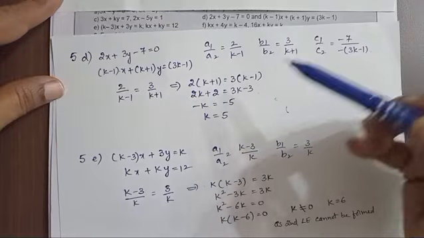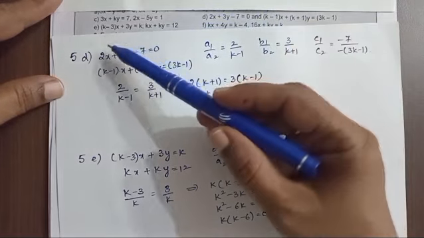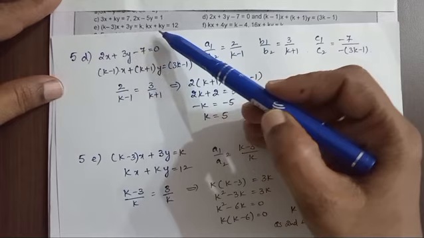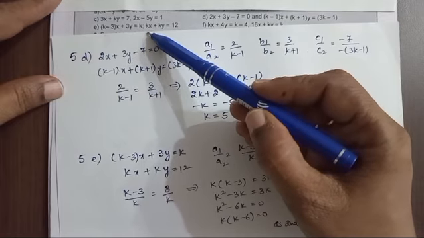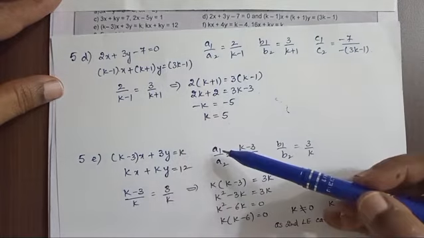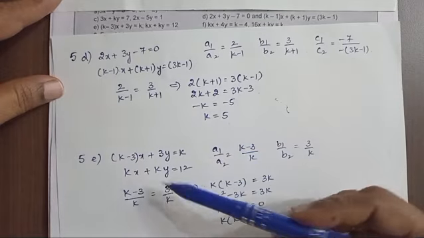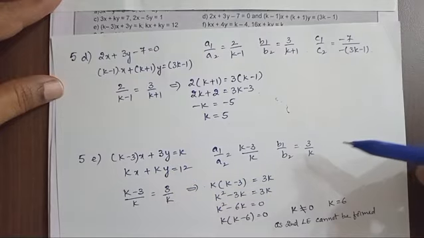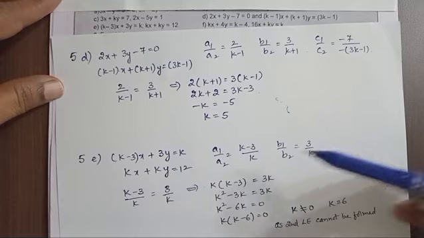Question 5E. The equation is (k minus 3) into x plus 3y is equal to k. Second equation is kx plus ky is equal to 12. Here the ratios a1 by a2 is k minus 3 by k, b1 by b2 is 3 by k. Let me equate these two.